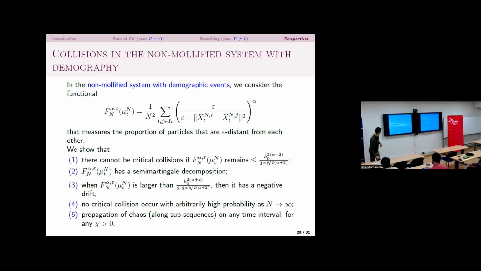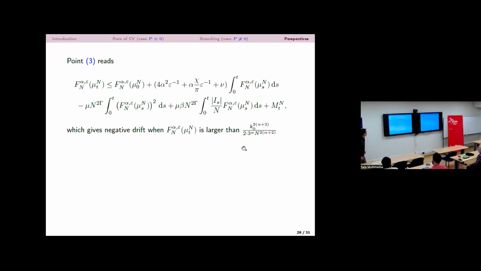Just to show you what this part looks like, without entering the details: you have an inequality on your functional, and you have the initial condition. I'm not detailing all the parameters. The point is that you have these terms here, which take you back, and other terms that tend to push you up.